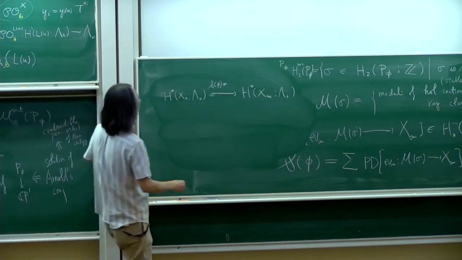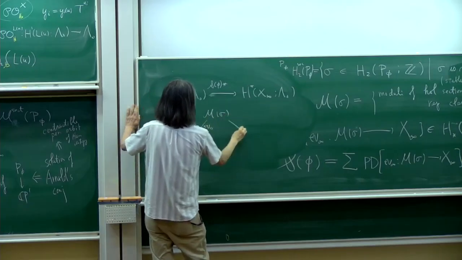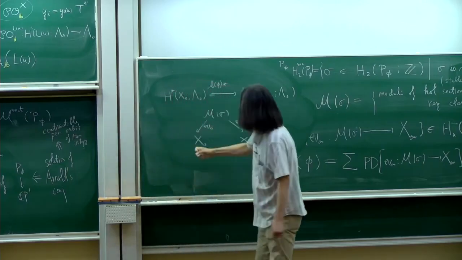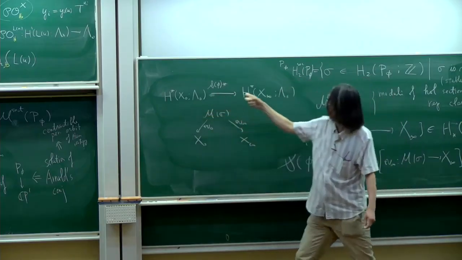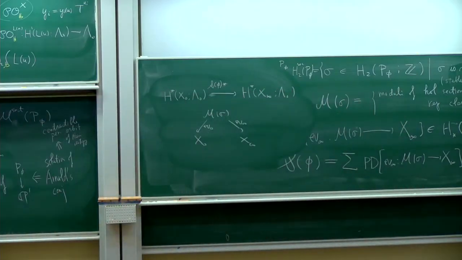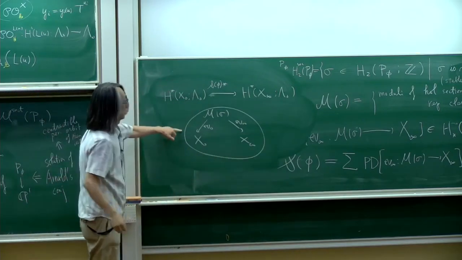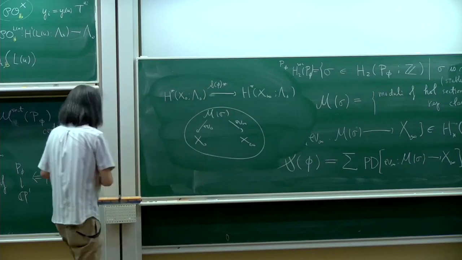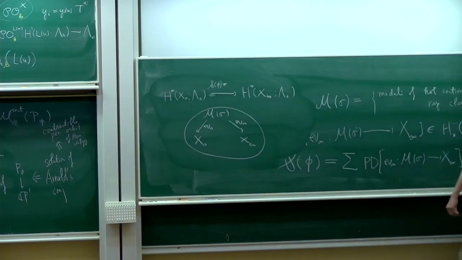So this one is actually now using this M of sigma, and then I have this F0 and F infinity, and here I have X0 and X infinity, and then I just pull back something and then push out like this. And that way we have this, but this one is the same as this quantum cup product. Okay, so this kind of picture gives you this map, but this map is actually equal to the quantum multiplication by this class.